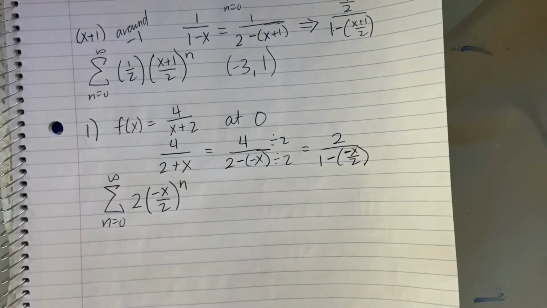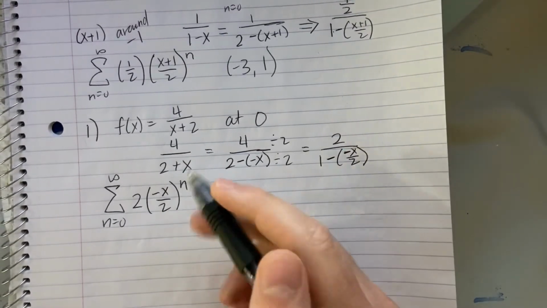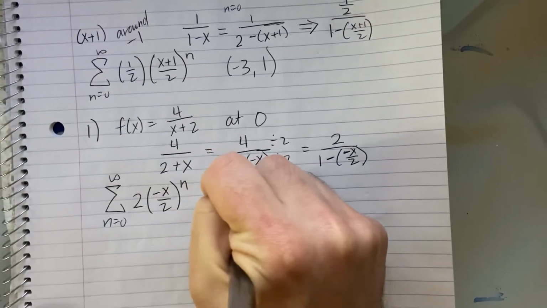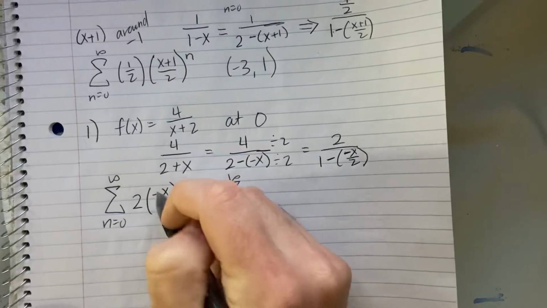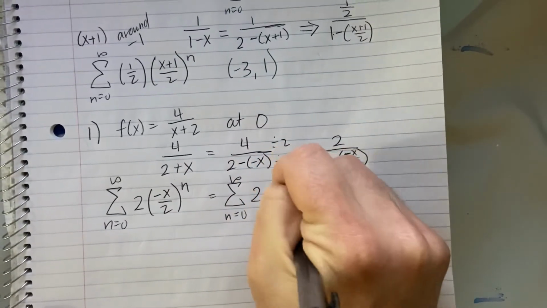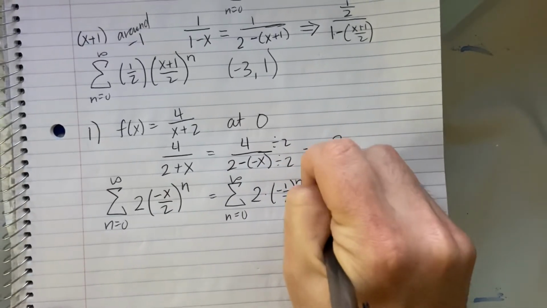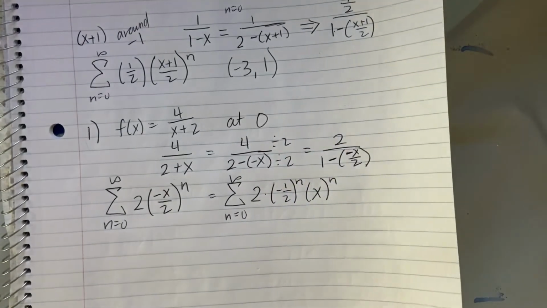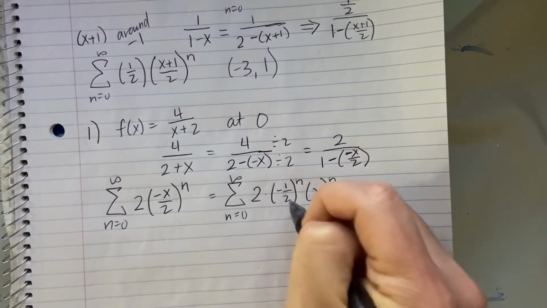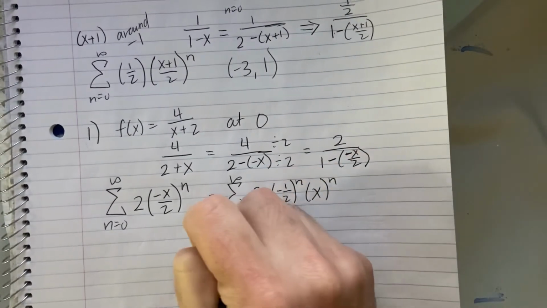Now there's a few different ways you could write this. You could pull the -1 and the 2 out. Call this 2 times -1/2 to the n times x to the n. But all this would really do is change the way you're looking at it. Some people may even prefer to just pull this 2 to the n out.